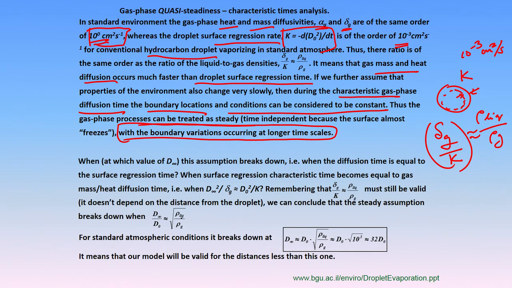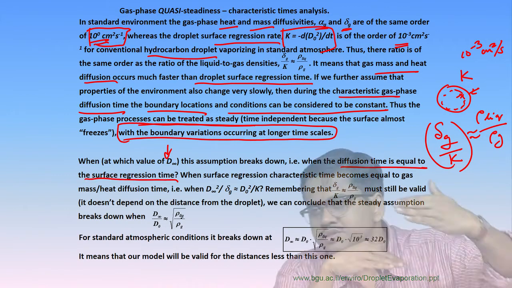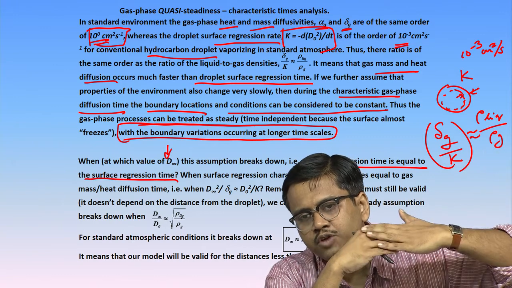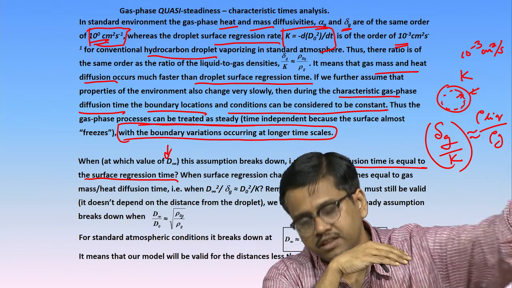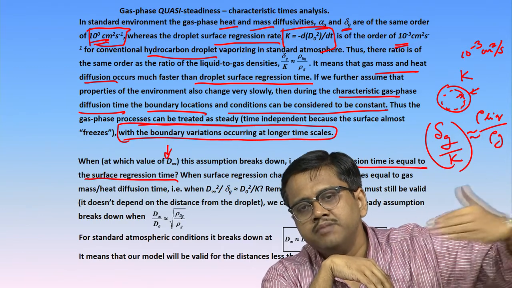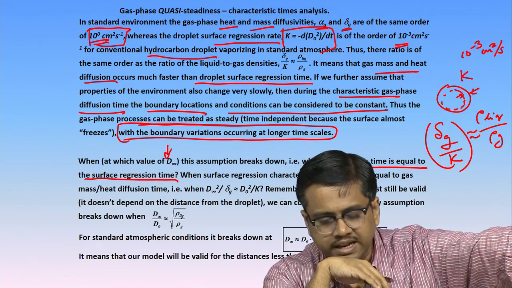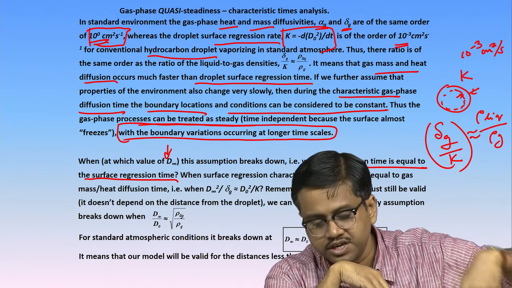Now, the question that naturally comes is, at what value of this d does this assumption break down, that is, when the diffusion time is equal to the surface regression time, because this vapor will continuously diffuse. So, there will be some point, some length scale, where the time that it takes for the vapor to diffuse to that length scale should be equal to the surface regression time.